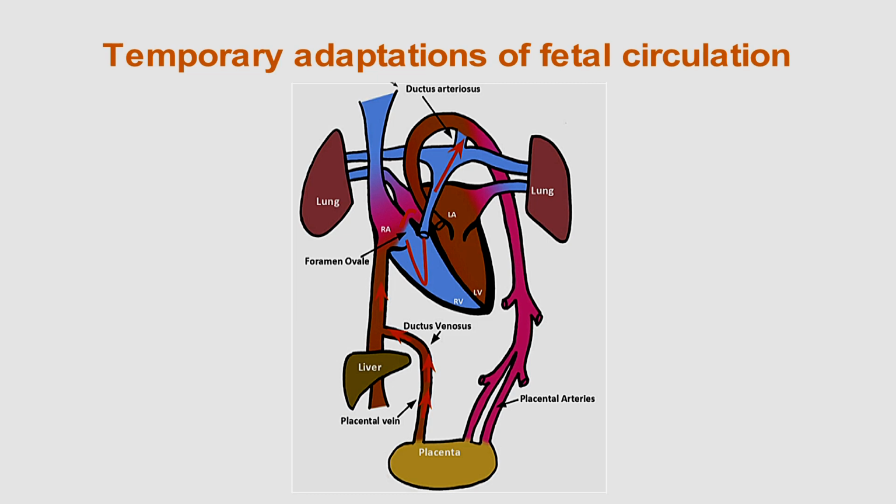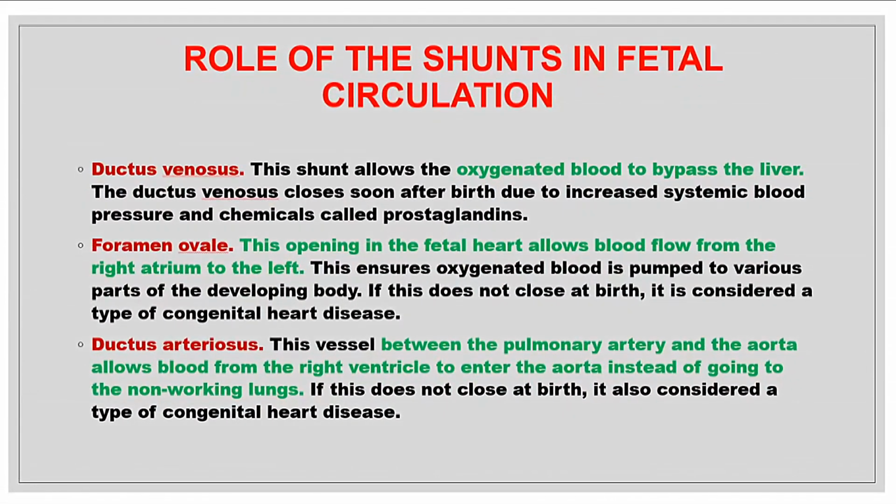These temporary adaptations are the ductus venosus, foramen ovale and ductus arteriosus. First we will see the ductus venosus. This shunt allows the oxygenated blood to bypass the liver. The ductus venosus closes soon after birth due to increased systemic blood pressure and chemicals called prostaglandins.